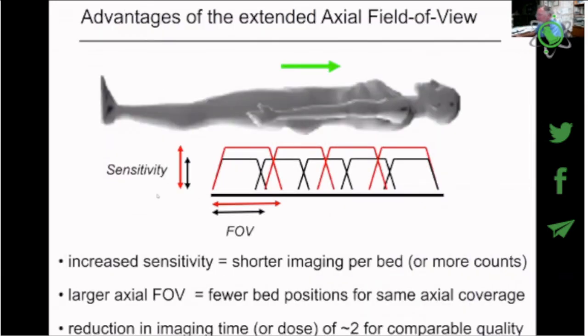The most important component is that you can cover the patient in a much shorter duration, because now the whole scan covers the whole patient. As such, the sensitivity of the scanner becomes much higher. In this case, we're showing that rather than doing 5 fields of view, now you need 4 fields of view. This is just moving a scanner from 15 centimeters to perhaps 20 or 25 centimeters axial extent.